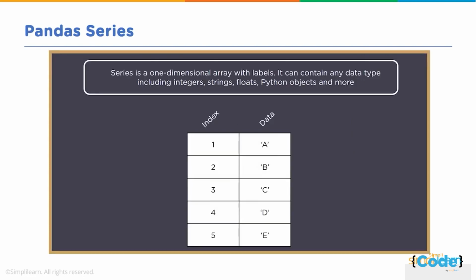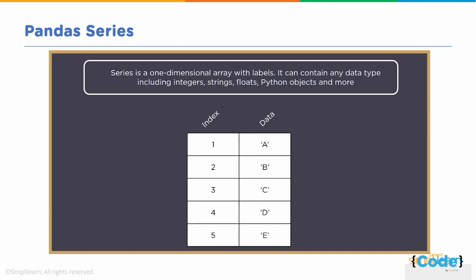And here's a closer look at a Pandas series. Series is a one-dimensional array with labels. It can contain any data type, including integers, strings, floats, Python objects, and more. So it's very diverse. If you remember from Numpy we studied, they had to be all uniform. Not in Pandas. In Pandas we can do a lot more. And Pandas actually kind of sits on Numpy, so you really need to know both of those if you haven't done the Numpy tutorials.